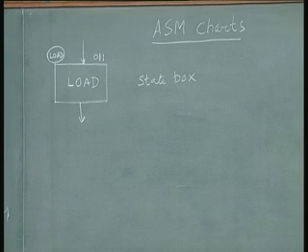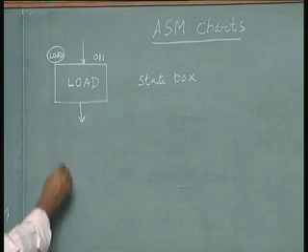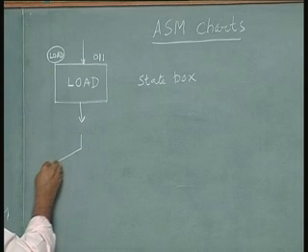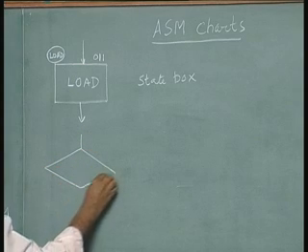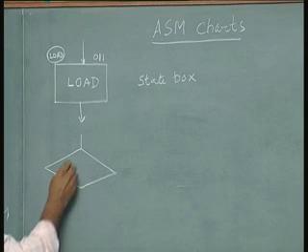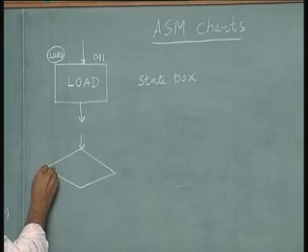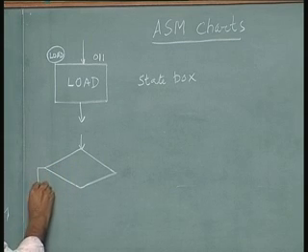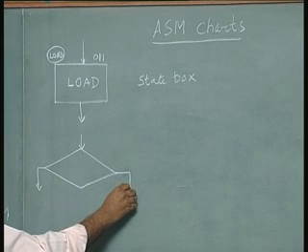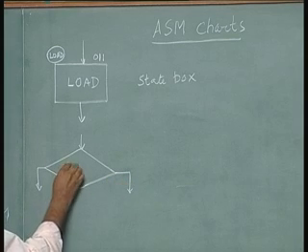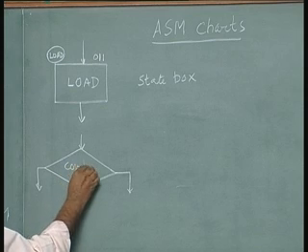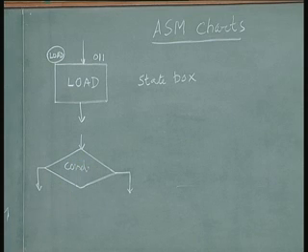Then we have a second box known as the decision box. It is a diamond with one input arrow and two output arrows. This is where you test a condition. Suppose you want to start: is the start signal available?